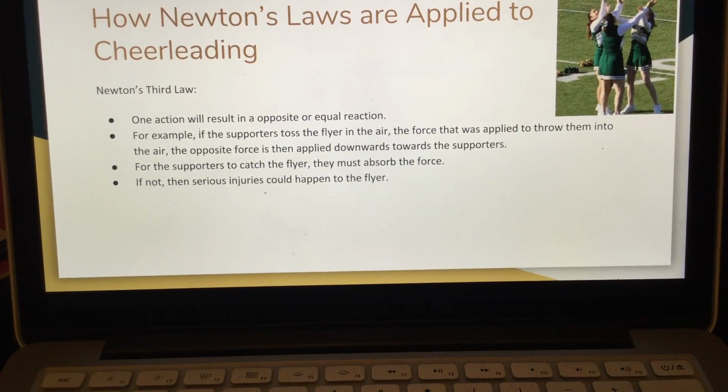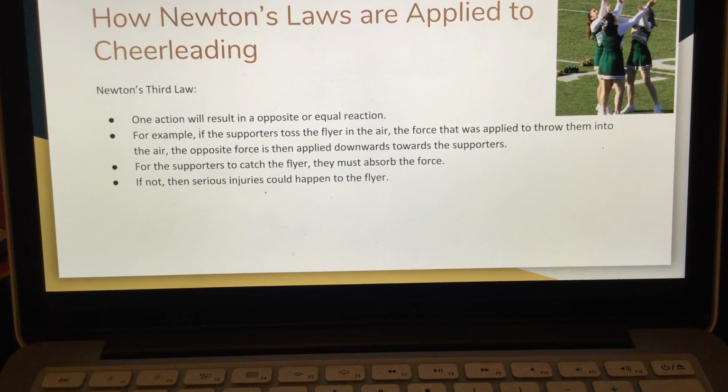Newton's third law states that one action will result in an opposite and equal reaction. Staying with the high basket toss again, if the supporters toss the flyer into the air, the opposite force would then act upon it as gravity takes over and applies that downward force back towards the supporters.